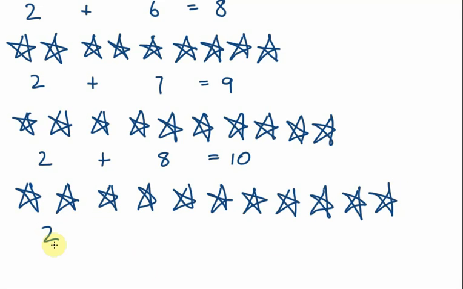So we started with 2 stars and we added another 9 stars. How many stars do we have now? 1, 2, 3, 4, 5, 6, 7, 8, 9, 10, 11. So 2 plus 9 equals 11.